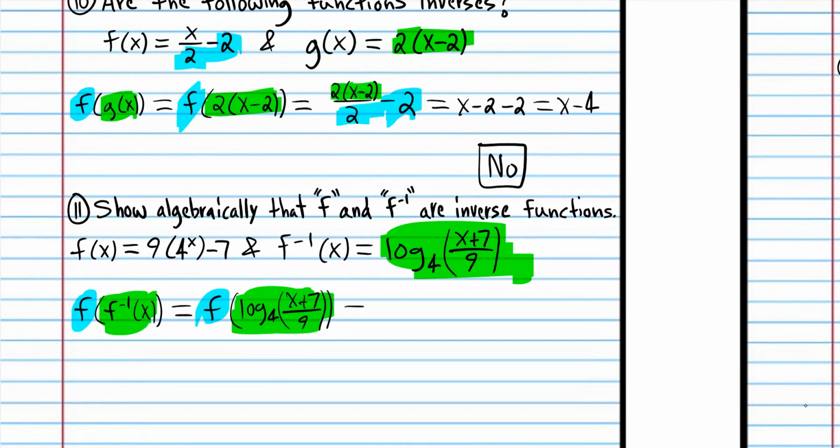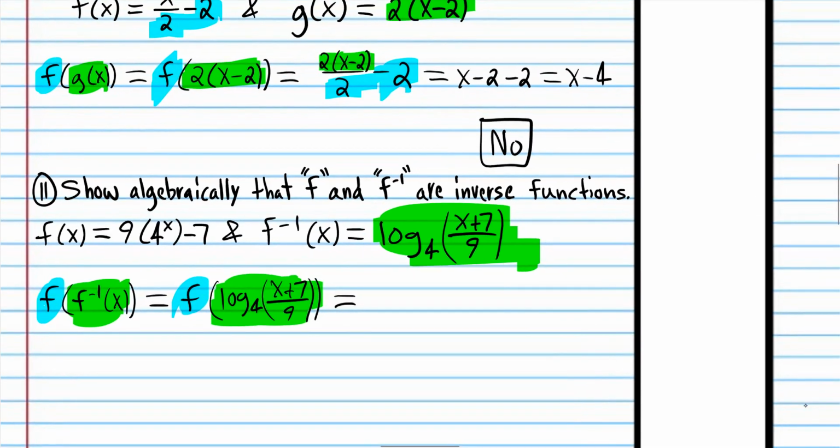Okay, so we have 9 times 4 to the x minus 7. So this is f.